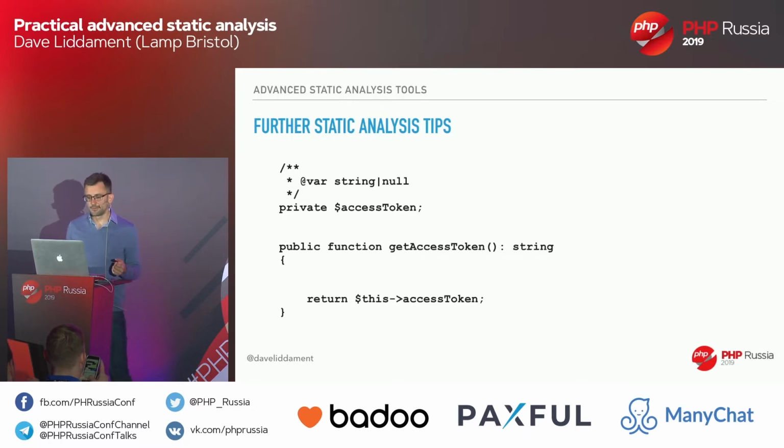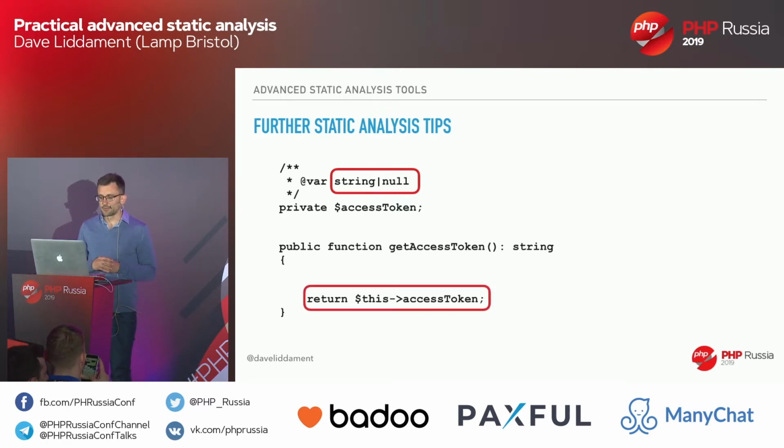So the first thing we have to do is say accessToken could be string or it could be null. So then the implementation of getAccessToken is I'm just returning this accessToken. And the problem we have here is we are saying I'm going to return a string, but there is a chance accessToken, the private data, might be null.